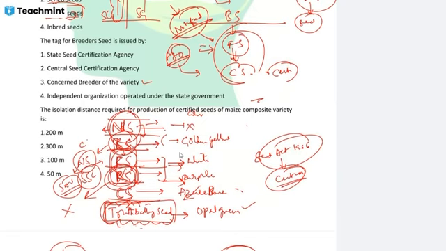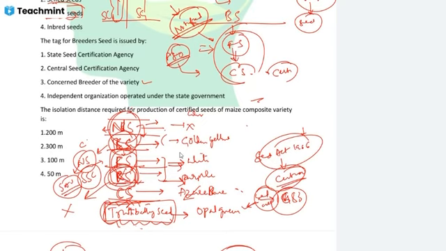So most of the seed producers were not going for certification, and again the market had very low quality seeds. So in order to overcome this loophole found in the Seed Act, in 1983 we had the Seed Control Order, which ensures that whatever seeds are there in the market, even though they are not certified, they will have to pass certain minimum standards.